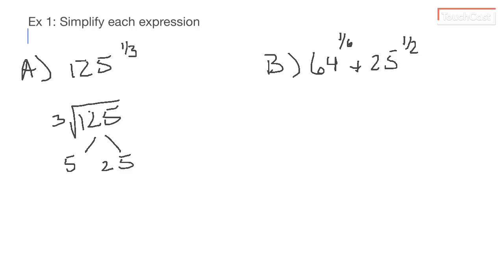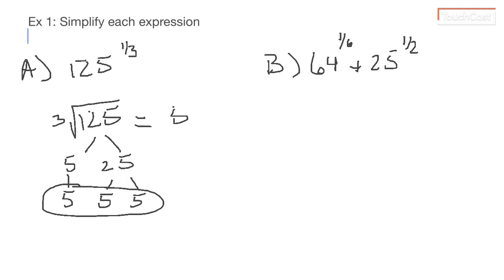We're breaking it up into prime numbers. 5 is already prime, so we'll just carry that through. 25 is 5 times 5. And when we find the cube root, we're looking for a group of 3 of the same number, and we've got 3 5s, so the cube root of 125 is 5, which means 125 to the power of 1/3 is going to just be 5.